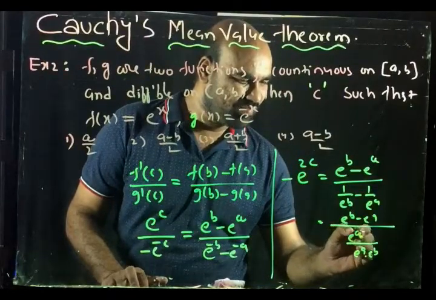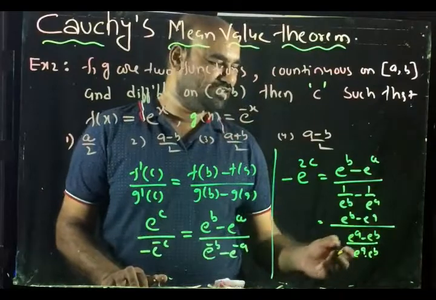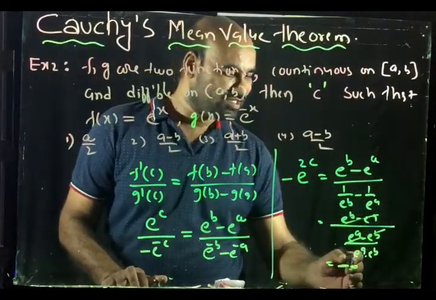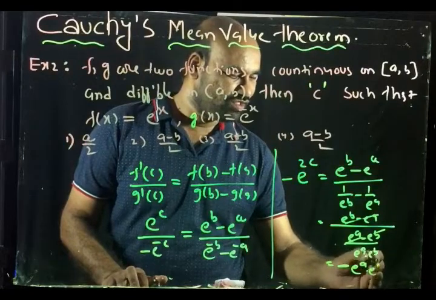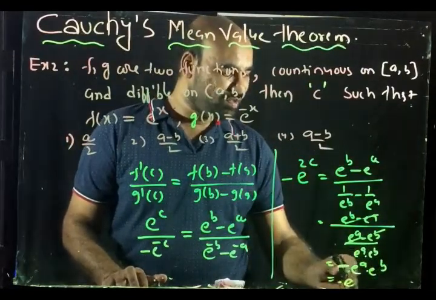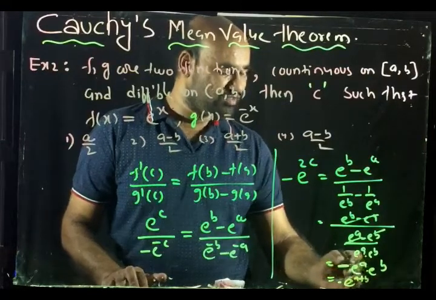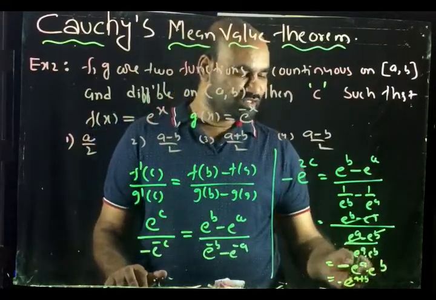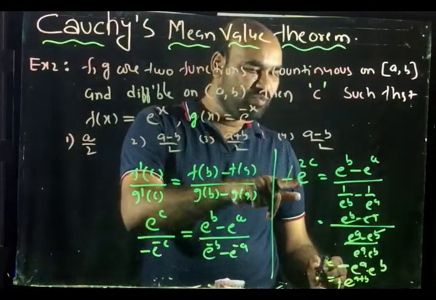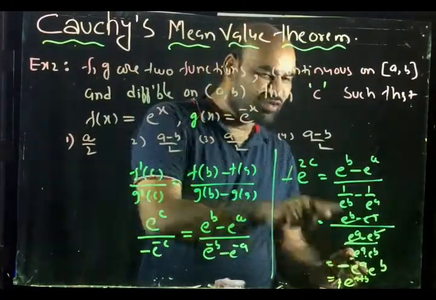So this will cancel with the minus. So we find minus e power a into e power b, that is nothing but minus e power of a plus b, because e power a into e power b means e power a plus b only. This minus gets cancelled. So e power 2c equals e power a plus b.